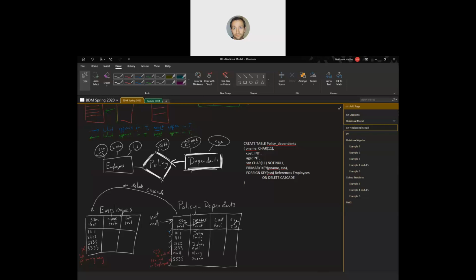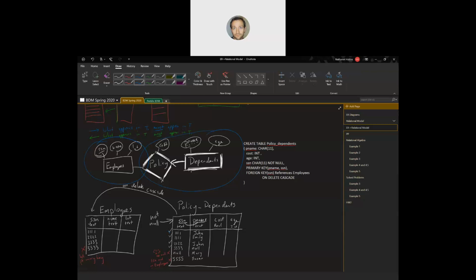The dependent table would be wrapped up with the policy relation. And I think that is just one table you have to combine. So for this weak entity, the only way to do it is to have one table for employees and then another table for policy dependents.